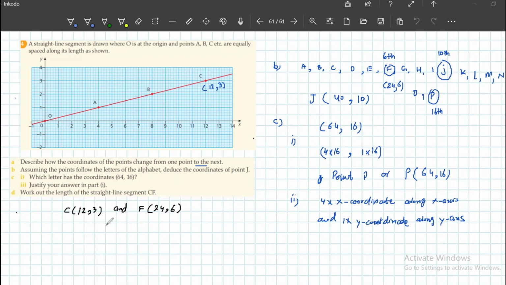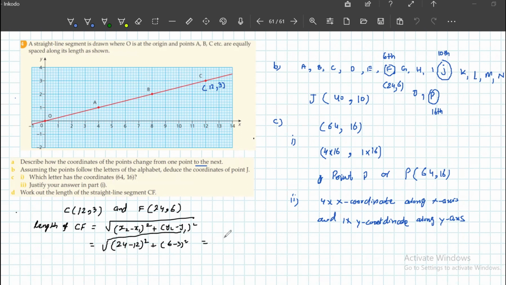So now we are looking for the length between 2 points. We can use the formula: length of CF is equal to the square root of x2 minus x1 whole square plus y2 minus y1 whole square. So 24 minus 12 whole square plus 6 minus 3 whole square.